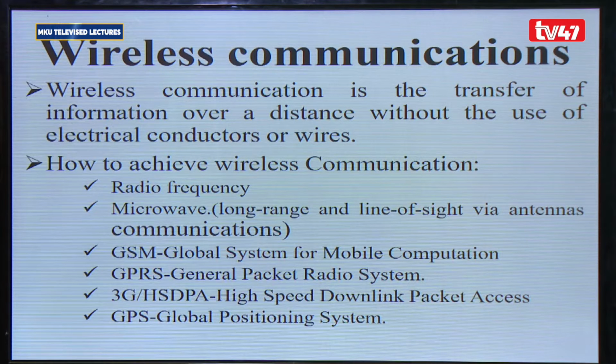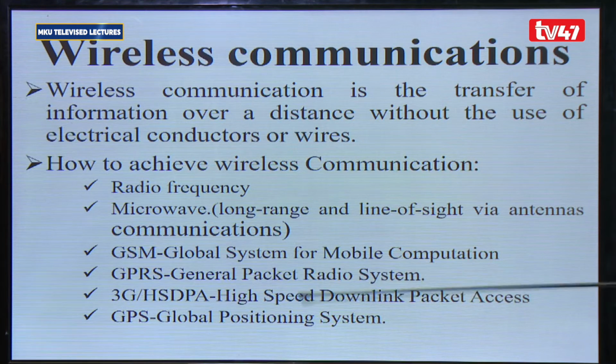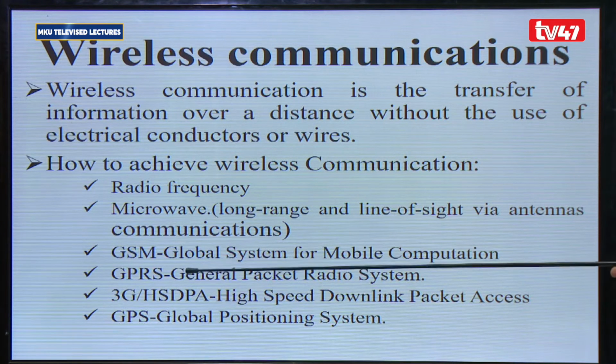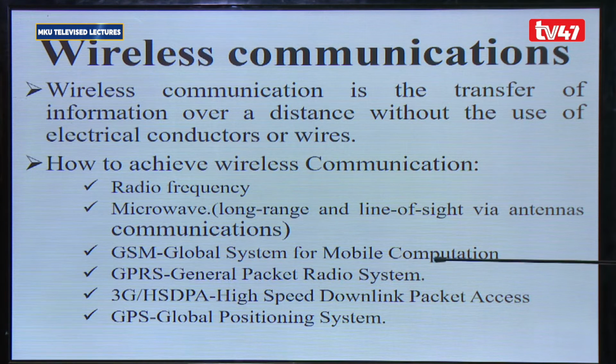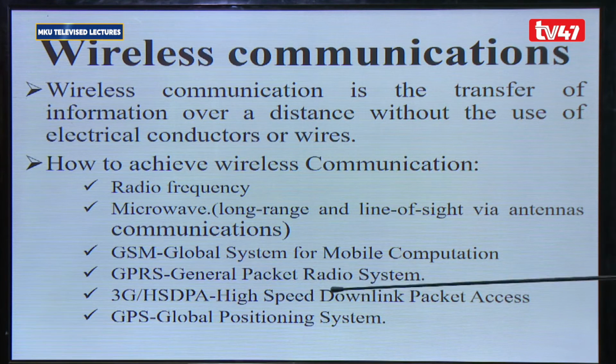So how do you achieve wireless communication? You can use radio frequencies, you can use microwave, that's the long range and the line of sight via antennas communication. You can use the Global System for Mobile Communication, which is commonly called GSM. And then you can use the General Packet Radio Service, which is the GPRS.